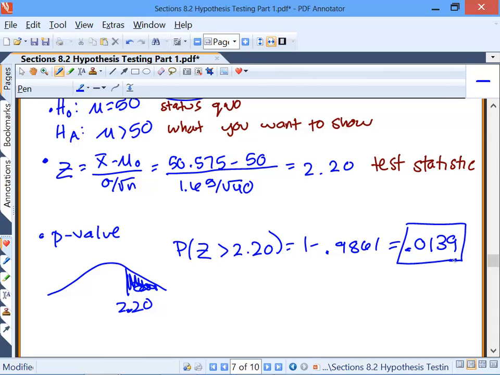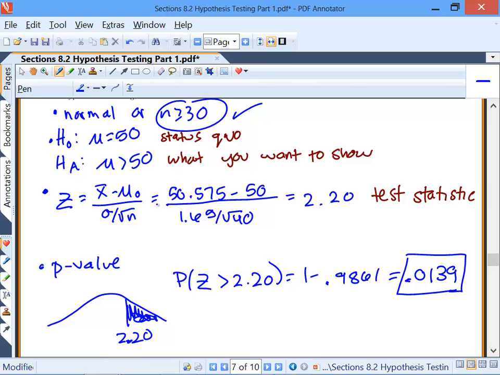This 1% means that you have a 1% probability of seeing your sample mean of 50.575 or bigger if the population mean really is 50. So if the population mean really is 50, then the probability of getting a sample mean of 50.575 or bigger is only 1%.